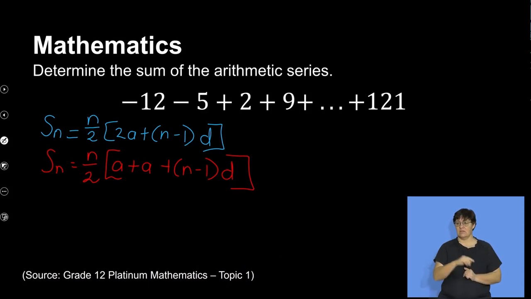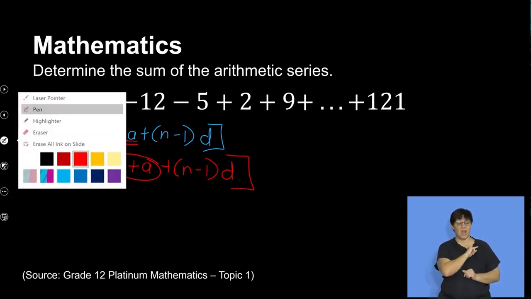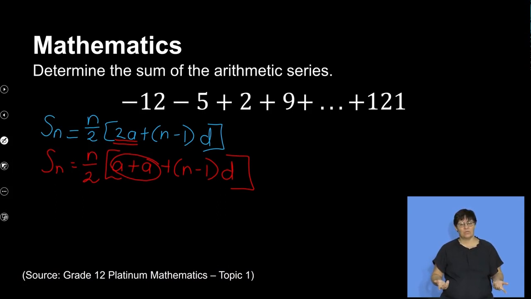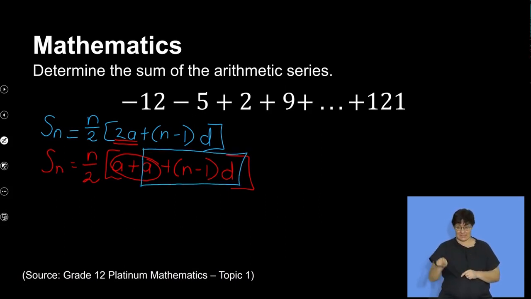The reason why I can do this is all that I've done is I've written 2a as a plus a. Why on earth am I doing this? Because it's actually going to help me write an arithmetic series in a simpler form. Because I can replace a plus n minus 1 times d with an L, because we know that a plus n minus 1 d refers to the last term of the sequence.